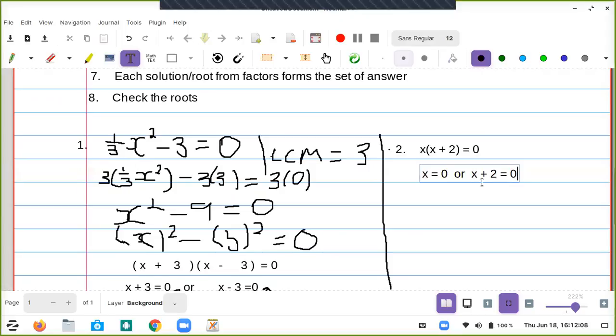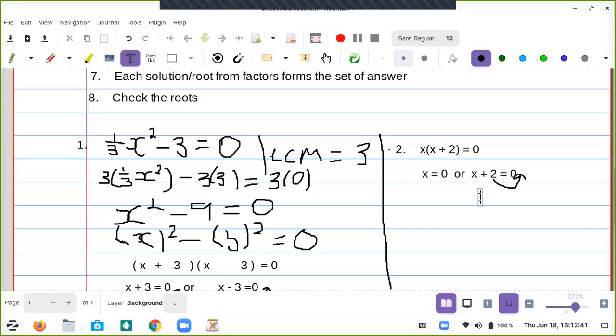Then I move on to my second one. My second factor is x plus 2 is equal to 0. So for me to solve for x, I must transpose 2. So I'm going to move the 2 to the right-hand side. When I transpose 2 to the right-hand side, what am I going to remain with on the left-hand side?